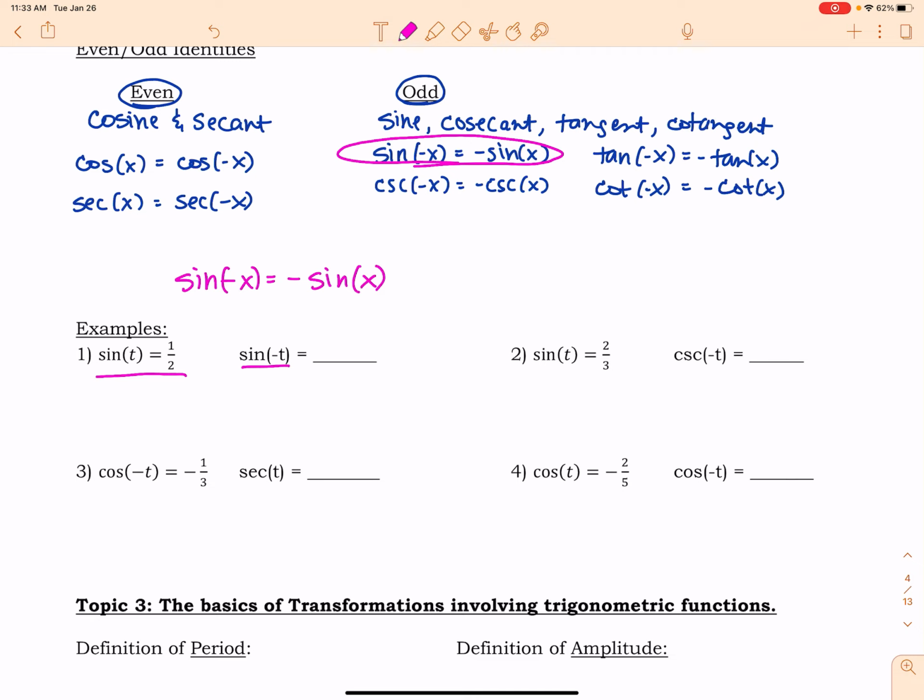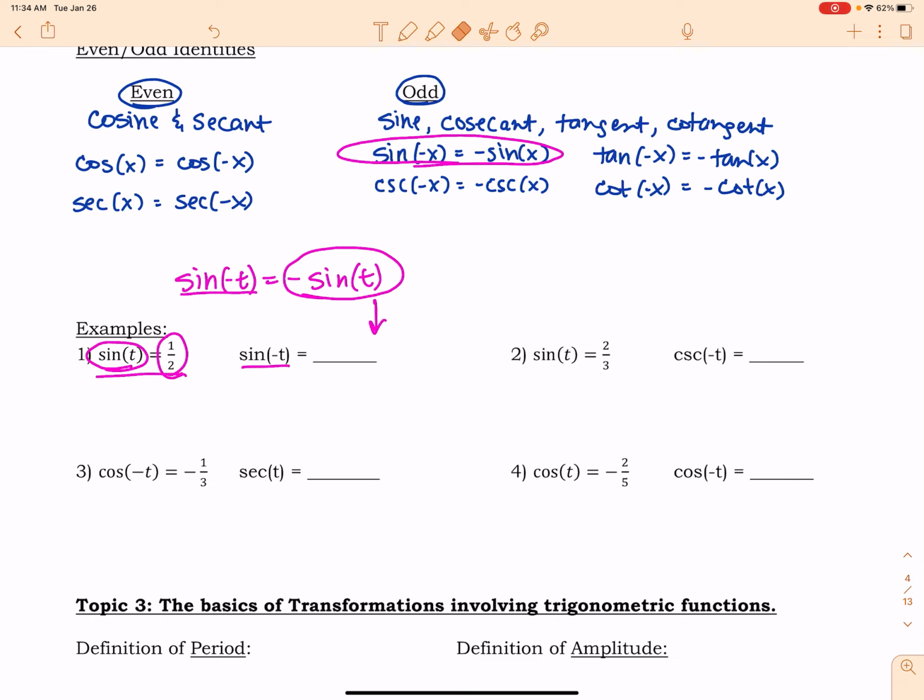But I've been given a positive, so let's change these to t's because that's what we have in the problem. I know what the sine of positive t is. It's 1/2, and I want the sine of negative t. If I can fill this in, then I can just transfer it into the blank here.